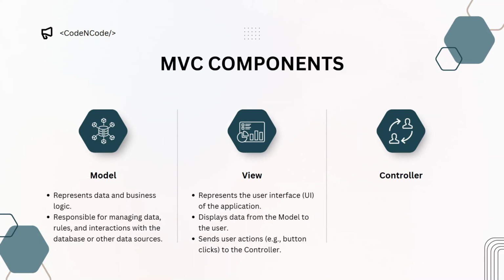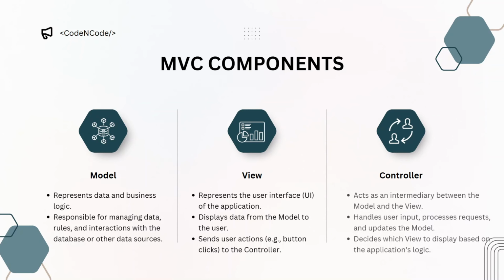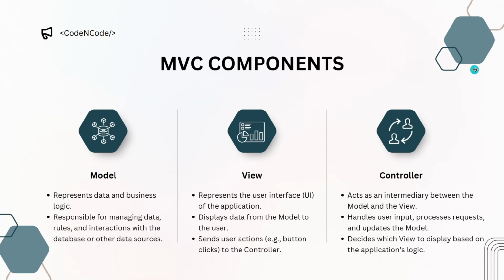The thing is that model and view do not interact with each other directly. There is a mediator, and that is your controller. Controller acts as an intermediary between the model and the view, right? These two talk to each other, but not directly. They talk to each other through the controller. So any data that the view needs, it sends a request to the controller.